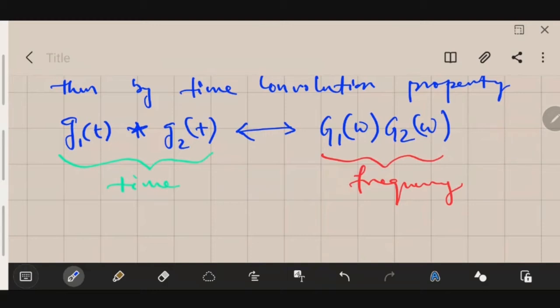If we take the respective Fourier transforms of these, we could just multiply them in the frequency domain, and we could get the same response. So what could be the implications of this? Tell me.